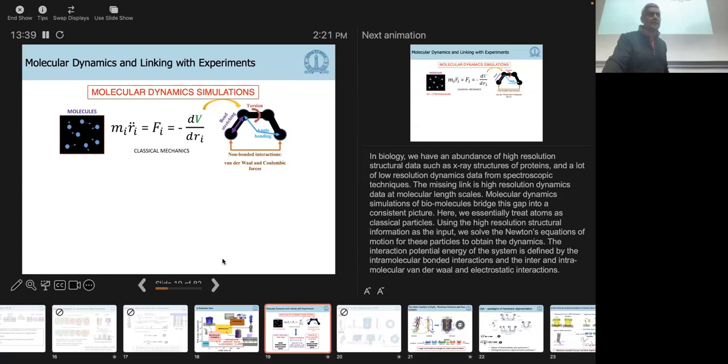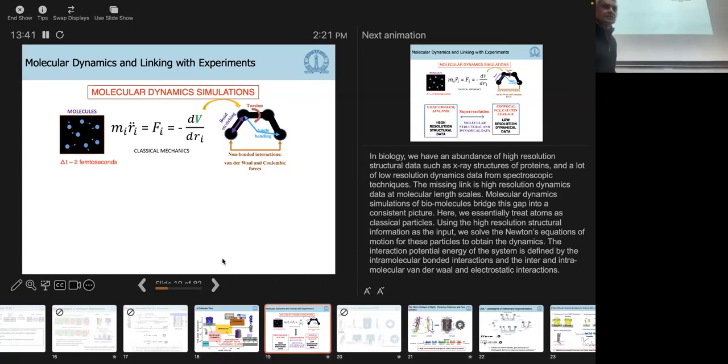And for those of you who don't know about MD, essentially it's Newton's second law. You have particles, you have force fields, and the typical time step you integrate all-atom calculations with is on the order of 2 femtoseconds. If you're coarse grain, you can go up to 10 femtoseconds. And you need a potential V, which is governed by all the interatomic potentials, electrostatic potentials, hydrogen bonding, and various angles, angle bending, and bond stretching to describe the proper properties of the molecules.